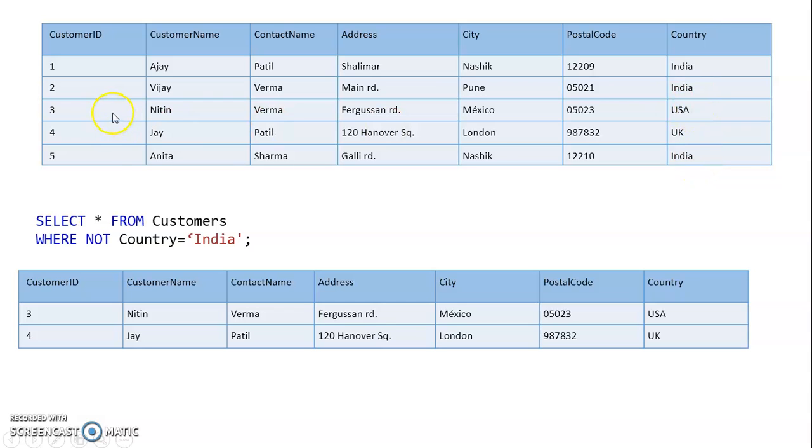So only the third and fourth rows will be fetched in our result. You can see only the third and fourth because their country is different from India, so they are not included in our result set where country is India. So this is how the operators work.